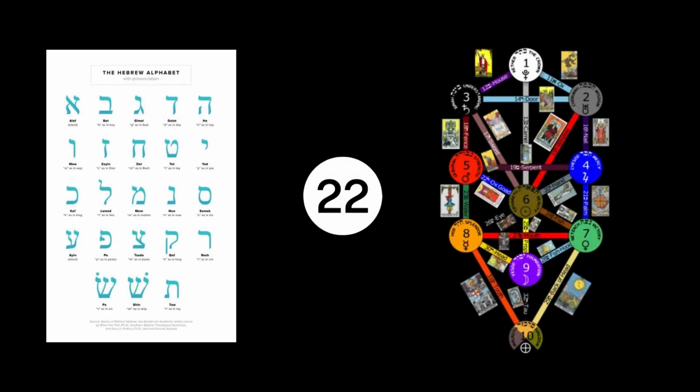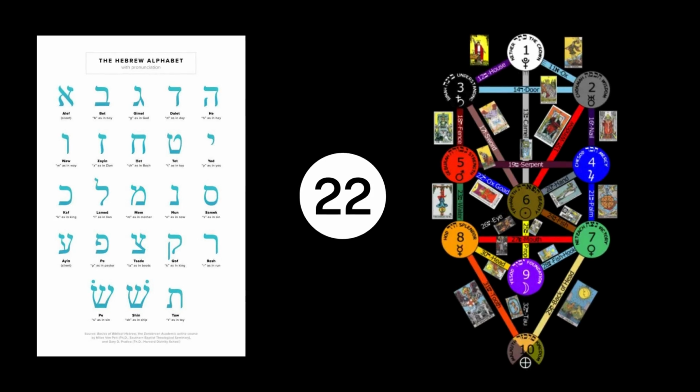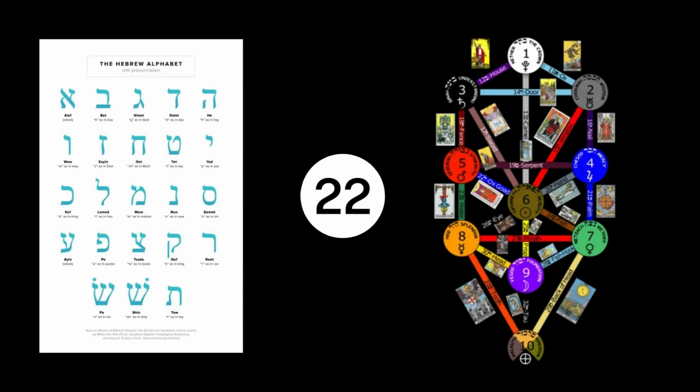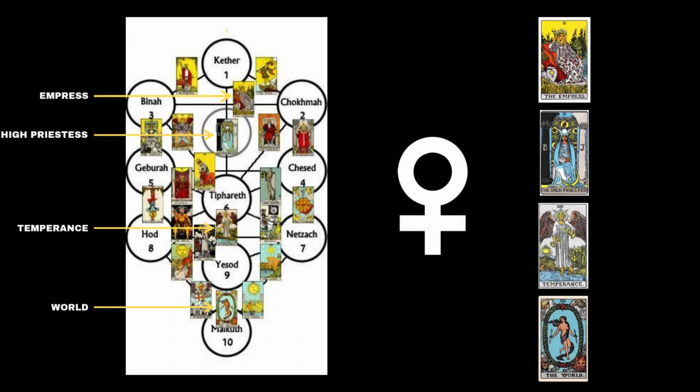The 22 paths of the Tree of Life correspond to the 22 paths of the so-called Hebrew alphabet, but they also connect to the 22 cards of the major arcana in the tarot. If you look at a diagram where it shows the 22 major arcana cards on the paths of the Kabbalistic Tree of Life, you'll notice something really interesting.